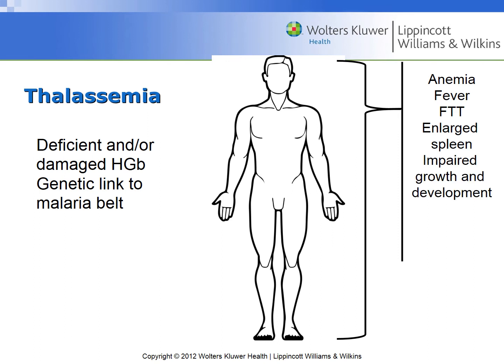Impaired growth and development. So why would we have impaired growth and development if we didn't have enough hemoglobin? Consider what is required for growth and development of structures. You have to have energy.